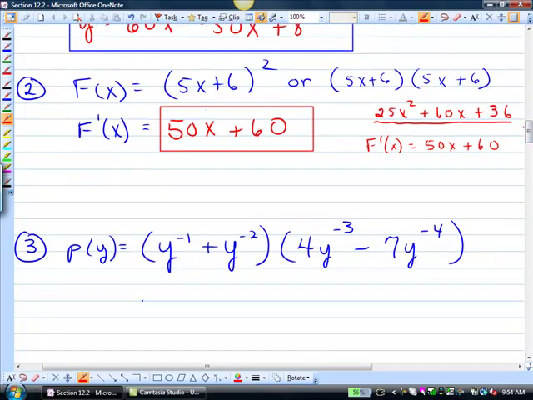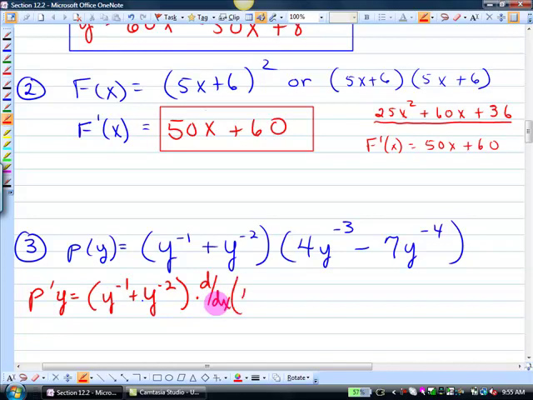All right. The next one has some negative exponents. And it's a product. So we're going to use the product rule. Let's write out our roadmap. P prime of y equals y to the negative 1 plus y to the negative 2 times the derivative of this guy. Oh, I'm not going to have room.